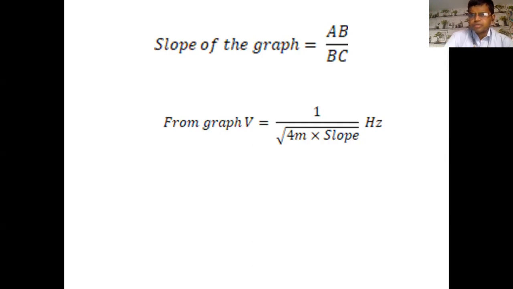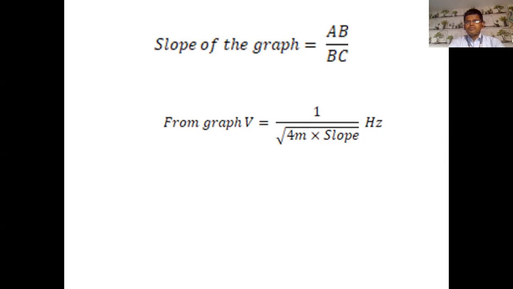After you find the slope, you have one graphical equation. Which graphical equation? It is the frequency, small v. v is equal to 1 by square root of 4m multiplied by slope.